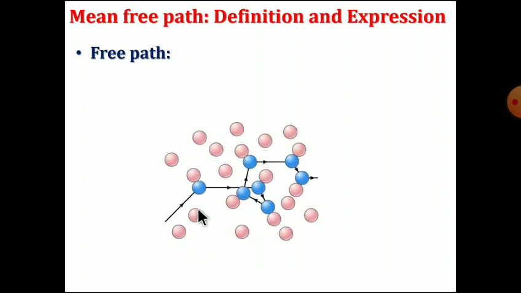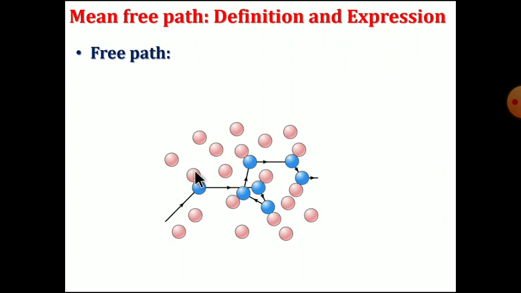Here, we consider a given container of gas. All gas molecules are moving in all possible directions. We consider here one of the molecules, that molecule we call the colliding molecule.